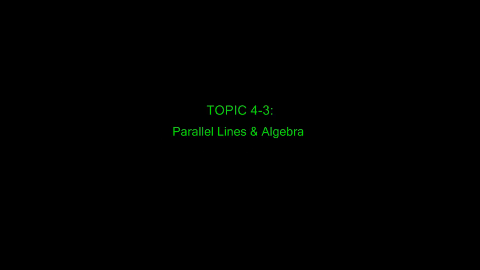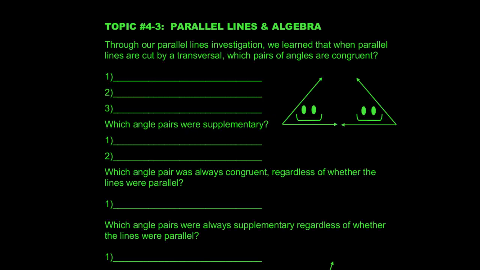Alright, so let's begin with the first page of the notes. And here it says, through our parallel lines investigation, we learned when parallel lines are cut by a transversal, we'd ask which pairs of angles are congruent. So if you look back on your previous notes, this is where you will gather this information.